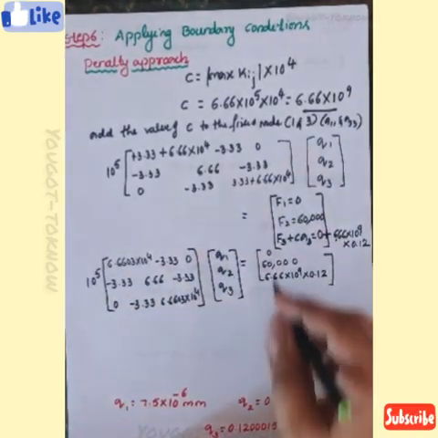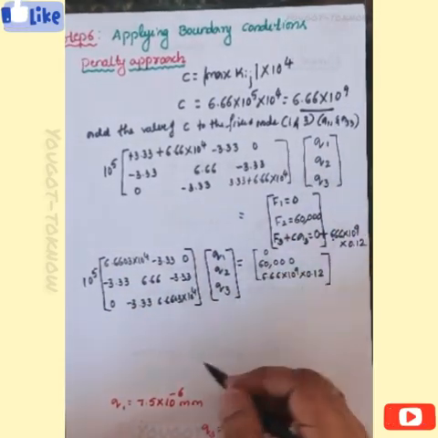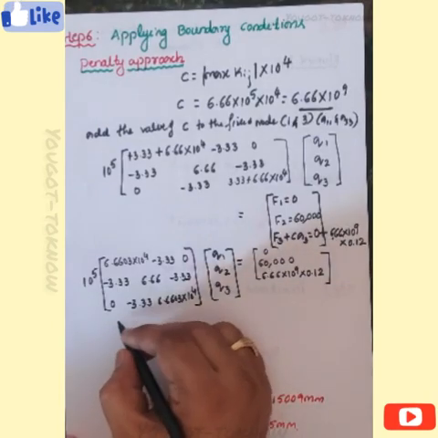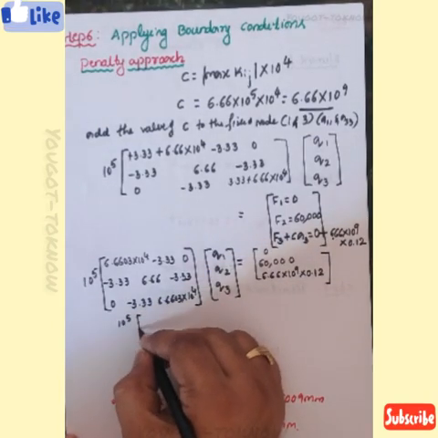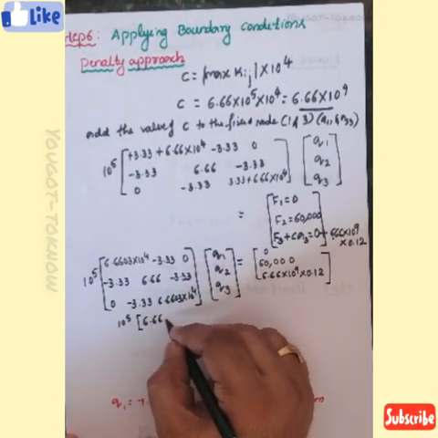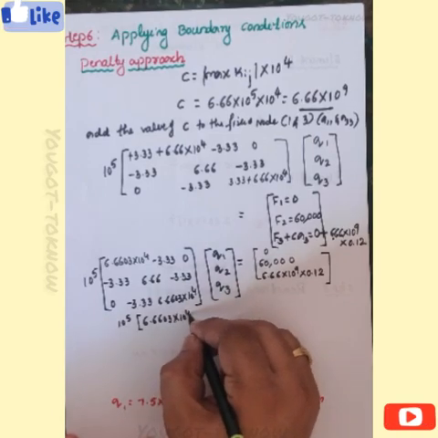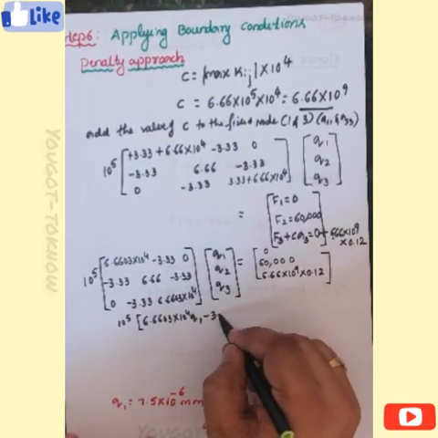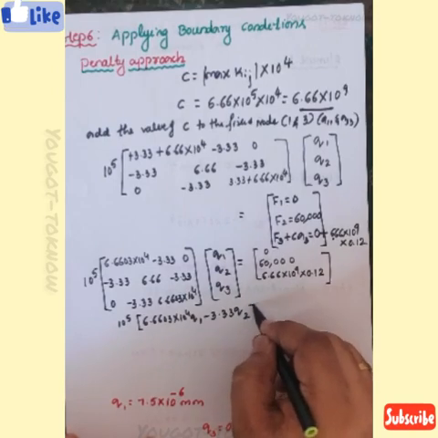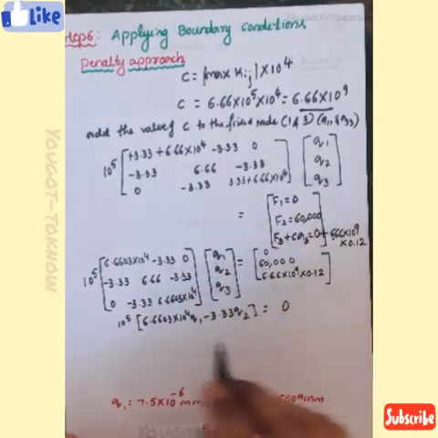Now using your calculator, there are three unknowns, Q1, Q2, Q3, correct? How to solve it? Formulate three equations. The first equation: 6.6603 into 10 power 4 into Q1 minus 3.33 into Q2 is equal to 0, because 0 into Q3 is 0.